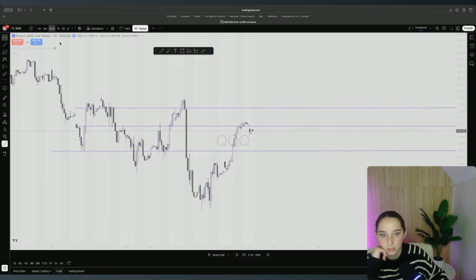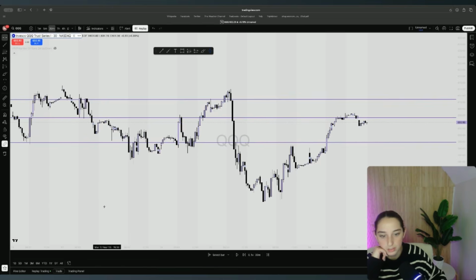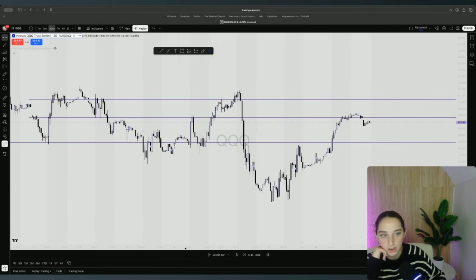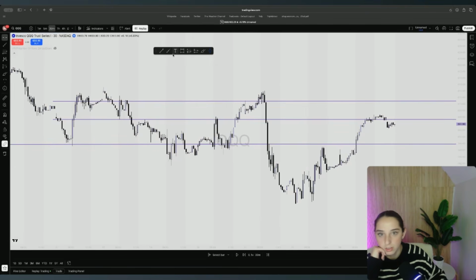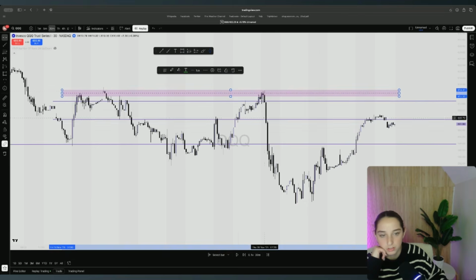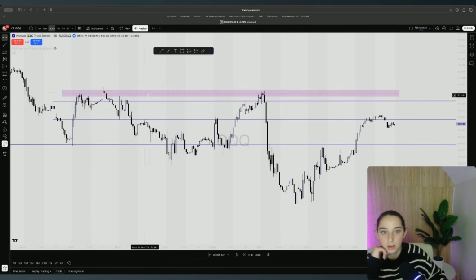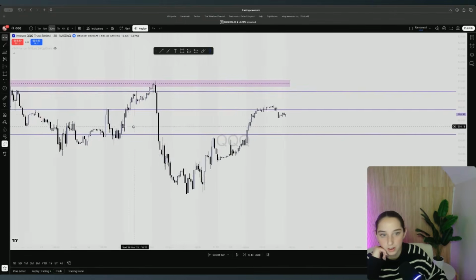So now let me go into the 30-minute time frame. In the 30-minute time frame, what I'm going to do is pick out some supply and demand zones. The first zone that I see that is pretty prominent is obviously up here, closer to 612, where we've seen a lot of really great rejection points up at these higher areas.